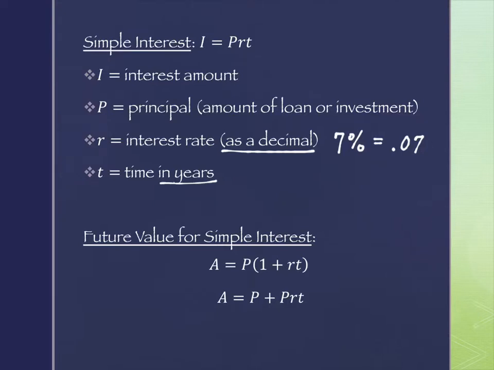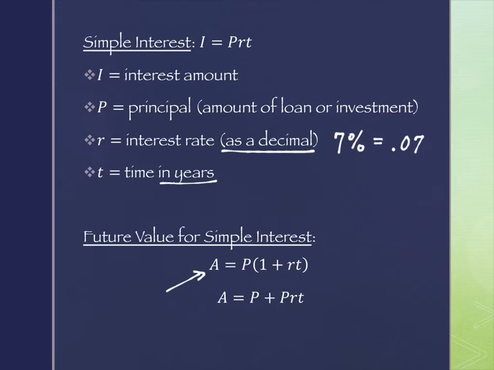The future value for simple interest, you'll see all these letters showing up again. The P and the R and the T tell you how much you actually owe back at the end of the loan, or how much you now have at the end of the investment. That's what A is; I'll define it later, but I'll mention it here.